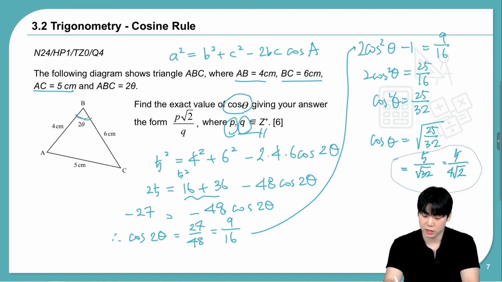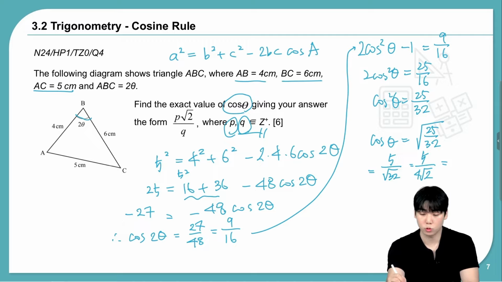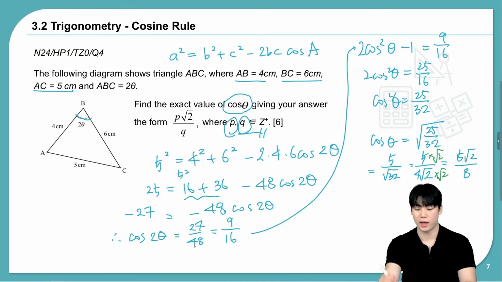Rationalizing, multiplying by root 2, top and bottom, I have 5 root 2 over 8. And that is our answer, where P is equal to 5 and Q is equal to 8. Okay? All right, let's move on to the next question, please.